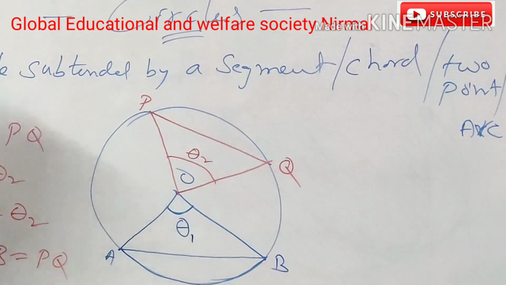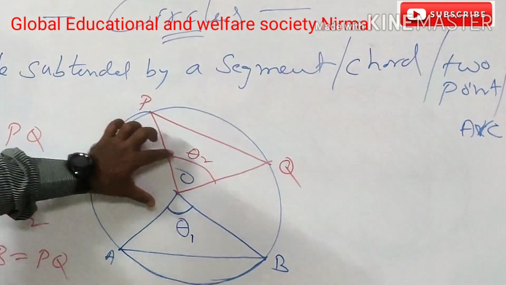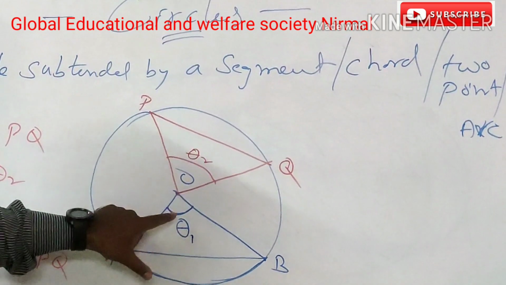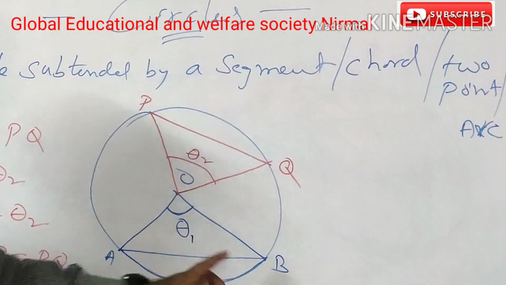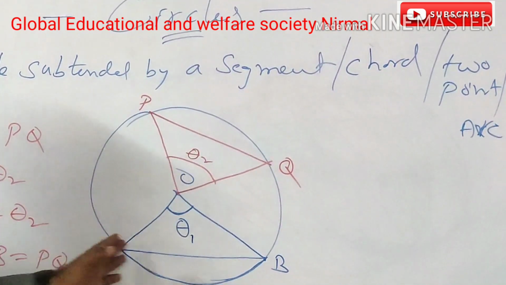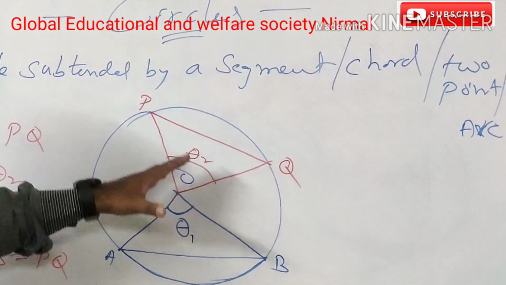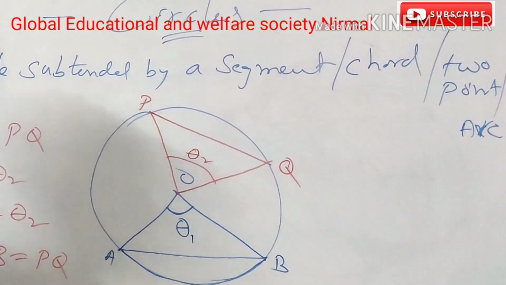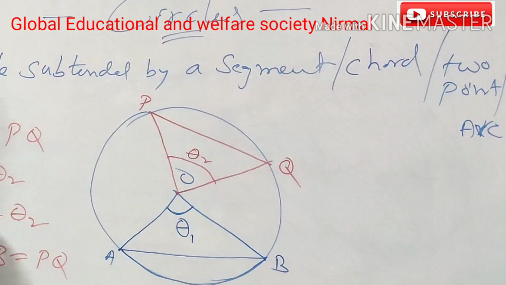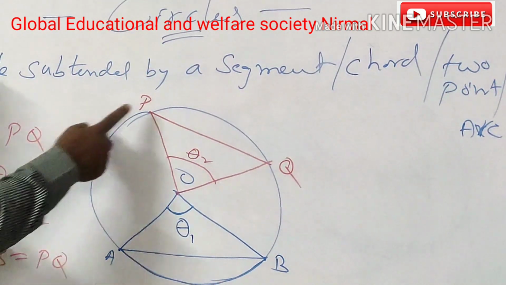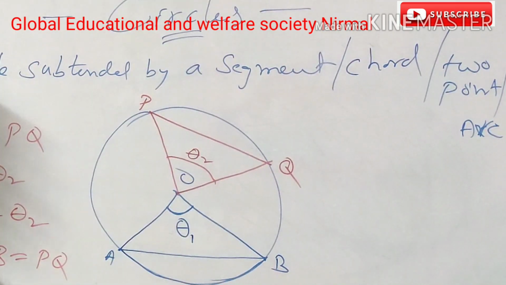What this theorem says is, if two angles are formed equally by two different arcs, then the length of the arcs are equal, or the segments are equal, or the chords are equal. All three give the same sense. If two chords are equal in a circle, then they form equal angles. If two angles formed by two different chords are equal, then the lengths of the chords are equal.